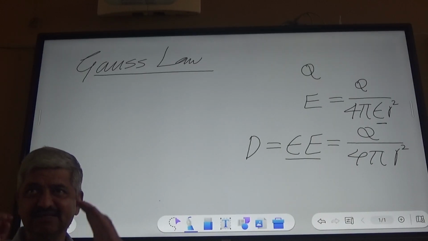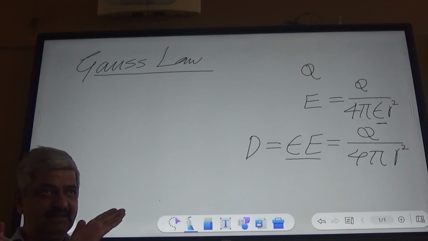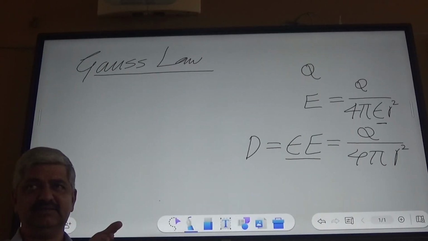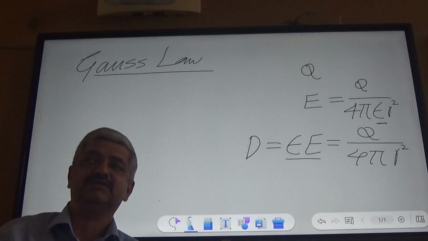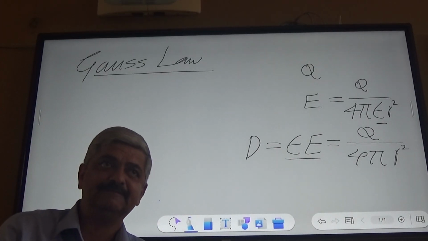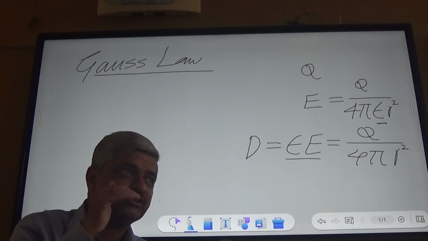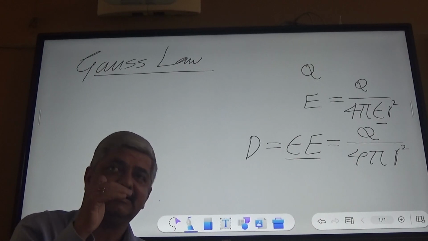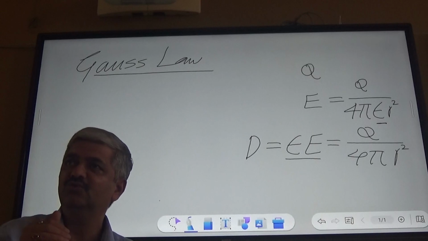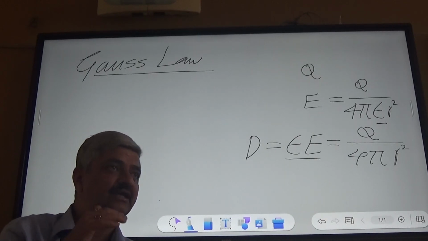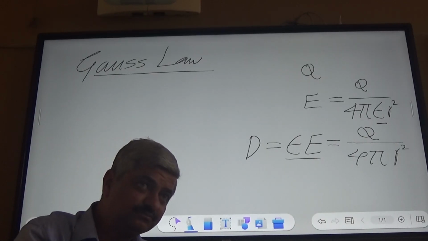For that we need some surface. It may be closed, that is a latter part. So flux over a surface, what is your perception about it? Gauss law states that electric flux over a closed surface is equal to the electric charge enclosed by that surface.